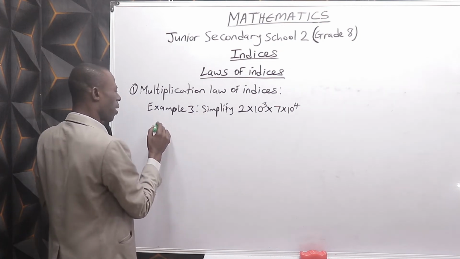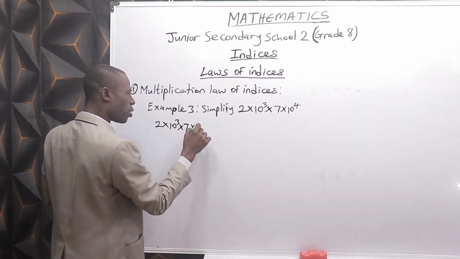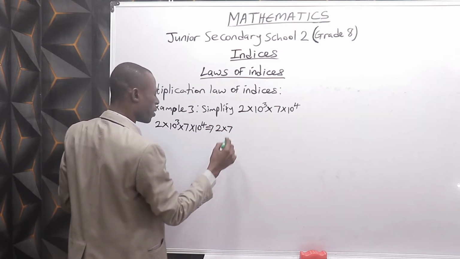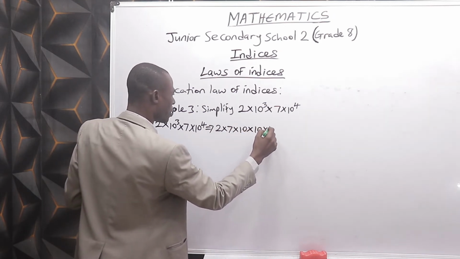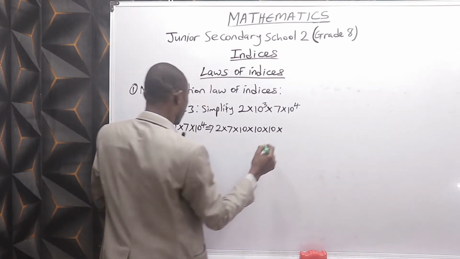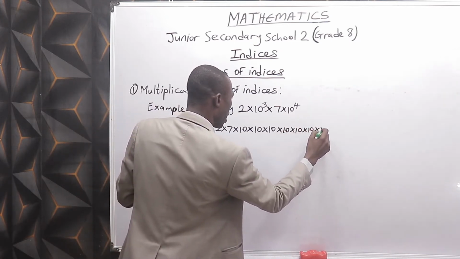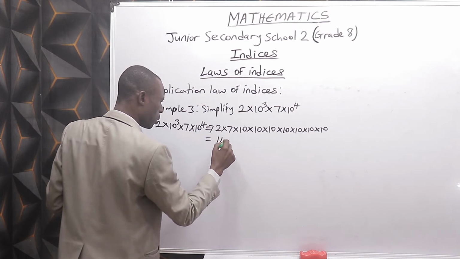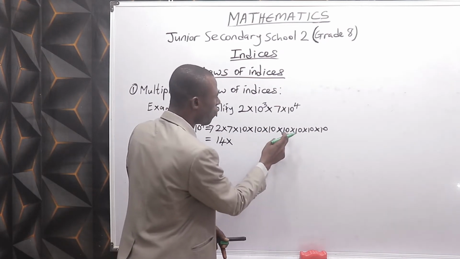Using expansion method, I write 2 times 10 raised to the power 3 times 7 times 10 raised to the power 4, which means 2 times 7, those special figures, times 10 times 10 times 10, that is 10 in 3 places, times another 10 in 4 places, 10 times 10 times 10 times 10, which is 2 times 7, 14, times, you now write 10 in how many places? 1, 2, 3, 4, 5, 6, 7.